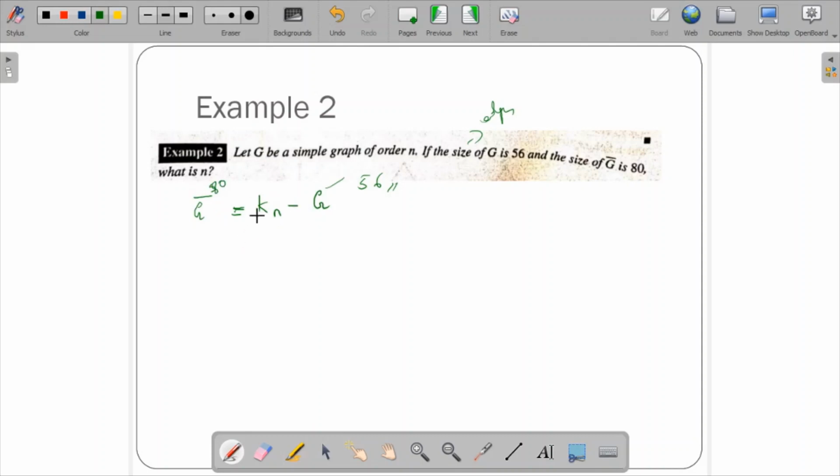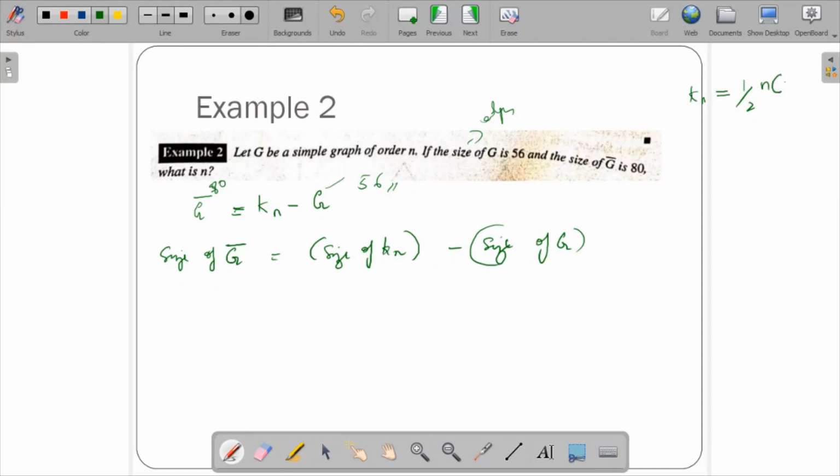What is n? Now we'll write this in terms of sizes: size of G bar is equal to size of Kn minus size of G. Now just recall from graph theory that the number of edges in the complete graph Kn is nothing but half into n into n minus 1.